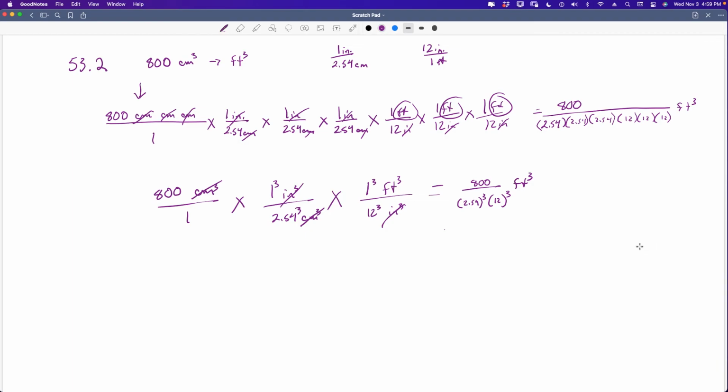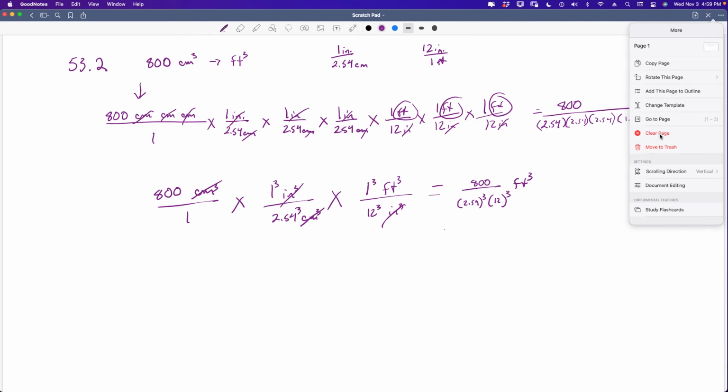We have one more. 53.3. We're going to use 6 unit multipliers. We're going to do this one. We're not going to do the other one.